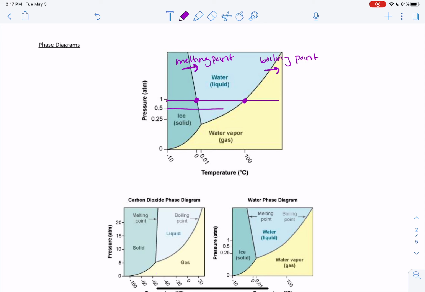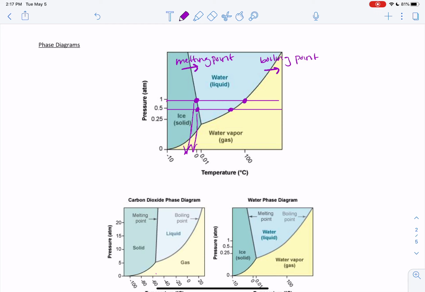Now, we can do the same thing for 0.5 atmospheres, and this would be the melting point, and this would be the boiling point. And you can see that they're different. So at 1 atmosphere, the melting point is actually a lower temperature for a higher pressure. So this 1 atmosphere is a higher pressure and it has a lower temperature melting point.